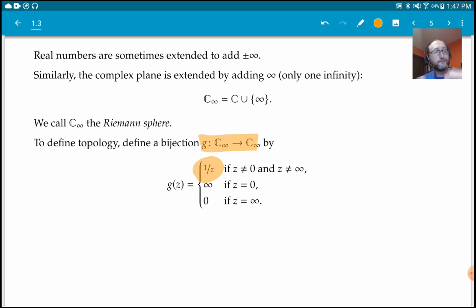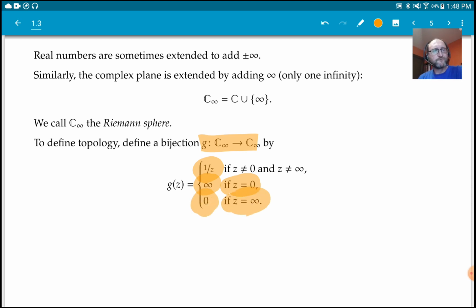So we invert Z for every non-zero, non-infinite Z, where we know how to do that. Now, if Z is 0, we take it to infinity. If Z is infinity, then we take it to 0, right?